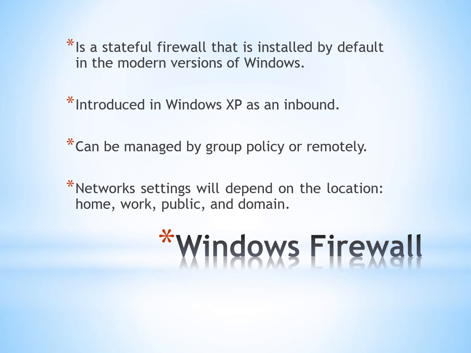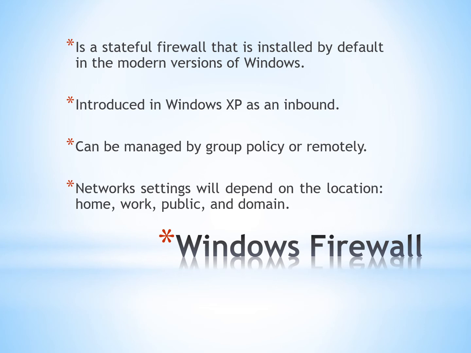Then we have Windows Firewall. Windows Firewall is a stateful firewall that is installed by default in the modern versions of Windows. Windows Firewall was introduced in Windows XP as inbound only.